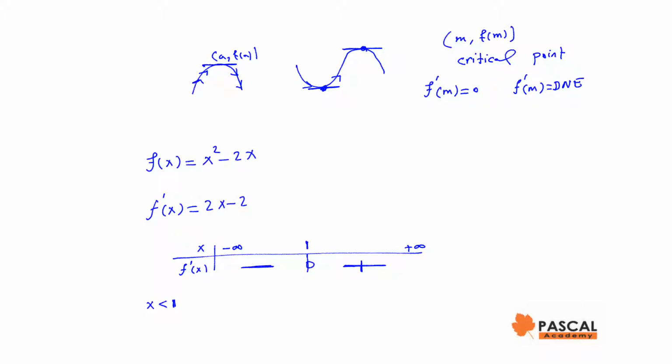Therefore, for x less than 1, the given function is decreasing. For x greater than 1, it is increasing. Before 1, the function is decreasing, and after that, it is increasing. Therefore, (1, -1) is the local minimum of the function.